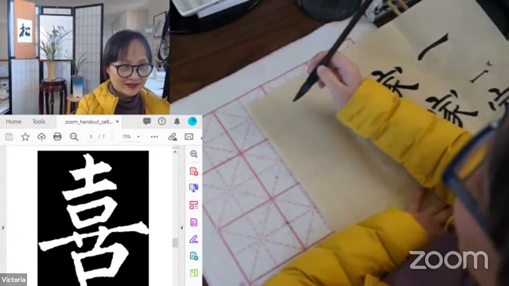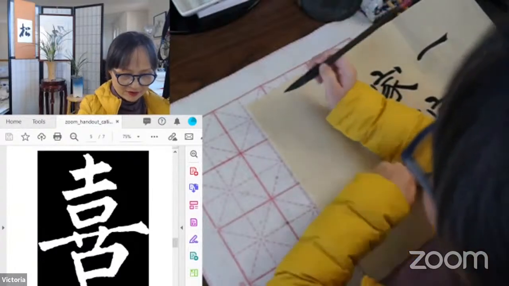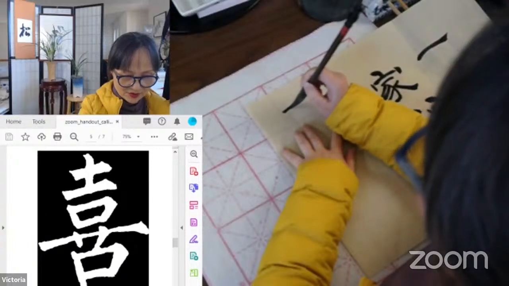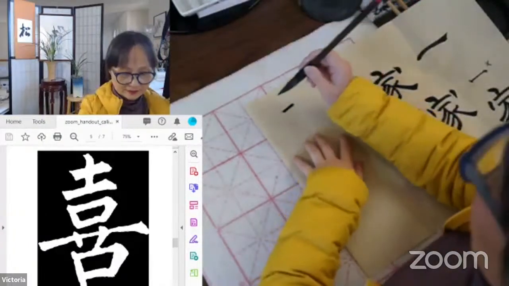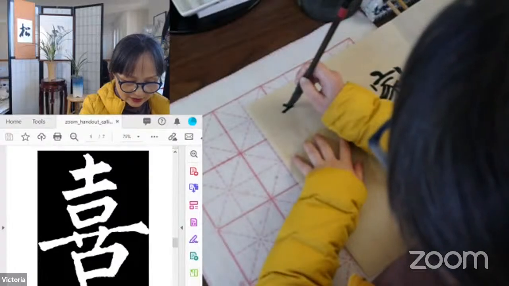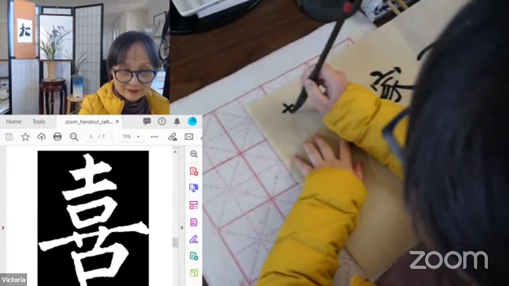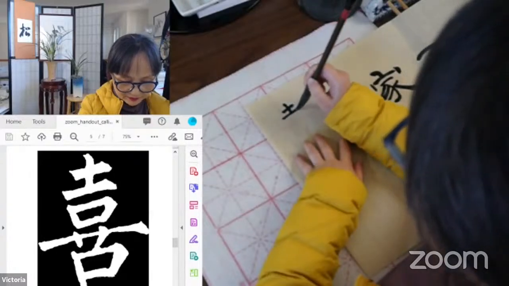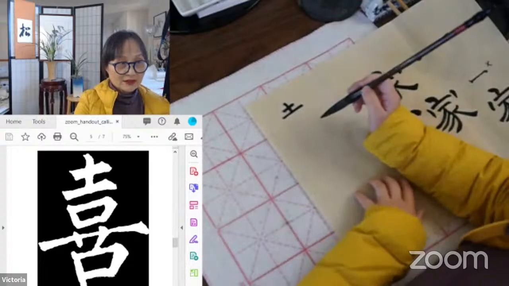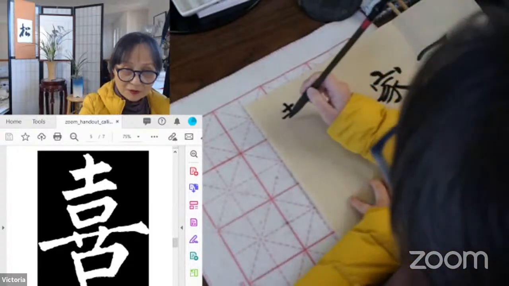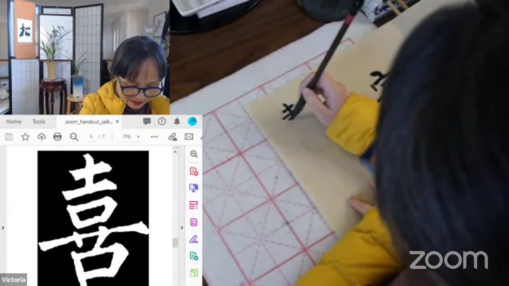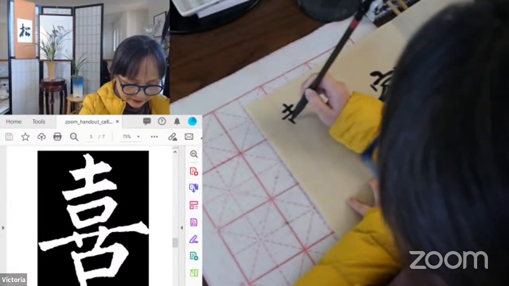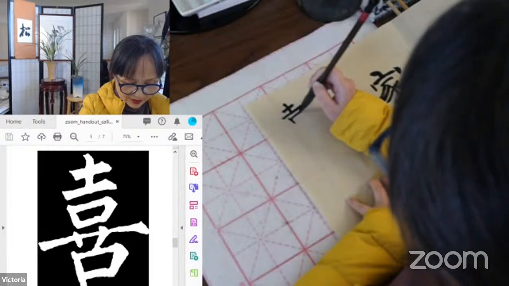Anyway, this is a very easy one. Horizontal first, kind of small. Let's go standard first. And then the vertical, and then horizontal. And then what's this character? Mouth. But we write it like this.